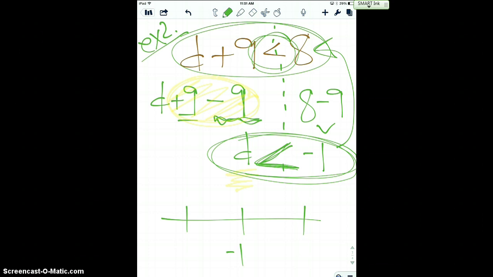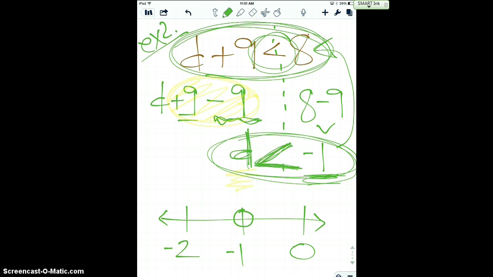If I go to the right and get warmer, 0. If I go to the left and get colder, negative 2. And then at my special number of negative 1, I am this time going to use an open dot because there is no equals with it. So my solutions start there, but negative 1 is not going to end up making the original inequality true. And then the solutions need to be less than negative 1.